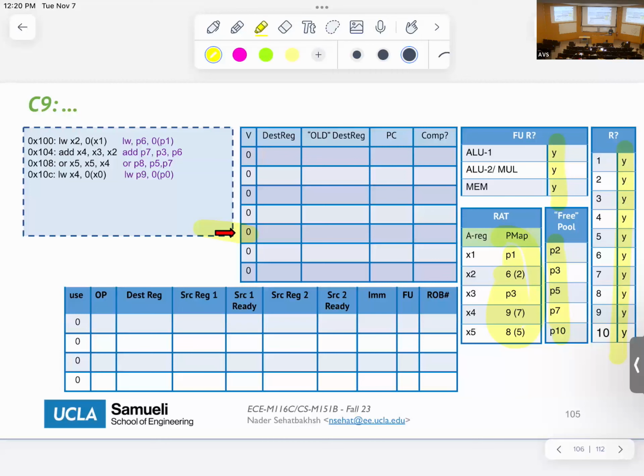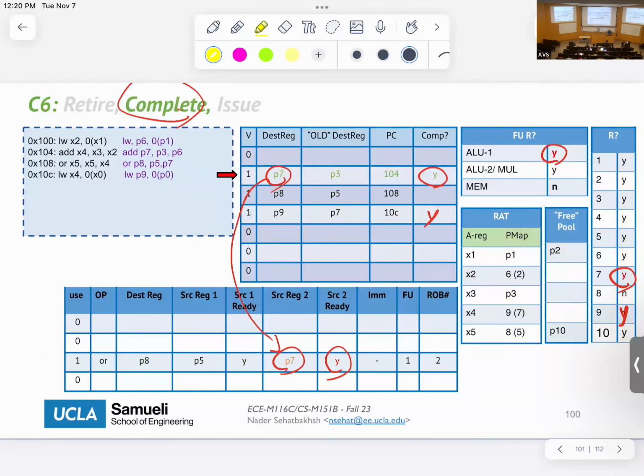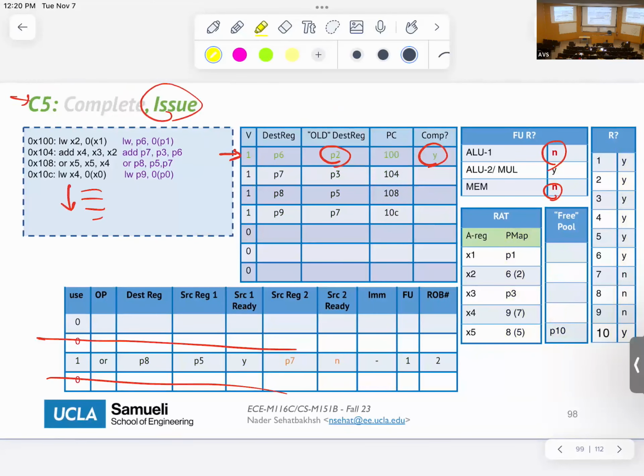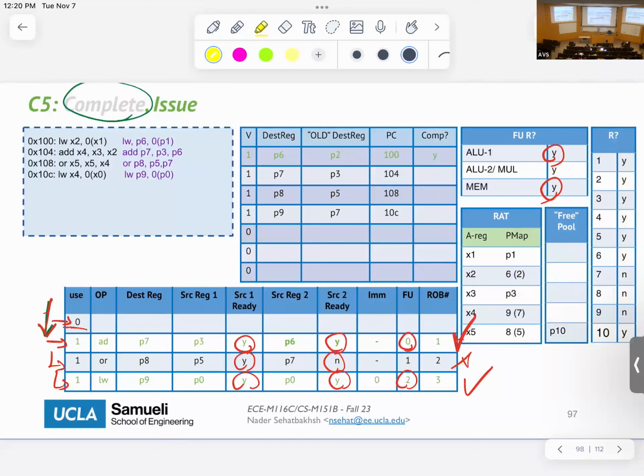Why are the first two instructions not completed in C4? I just issued this here, right? So the question is why it's not completed in C4.